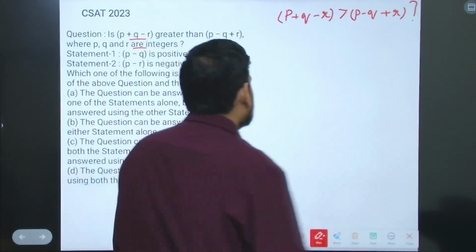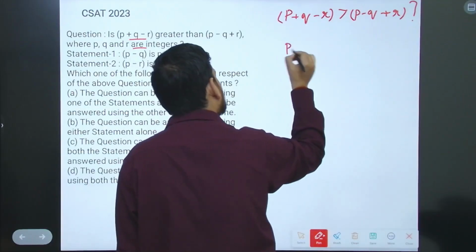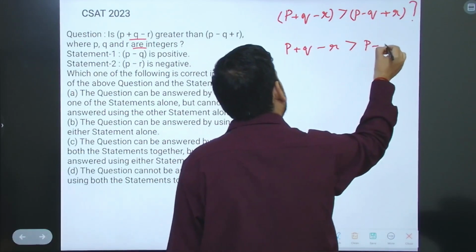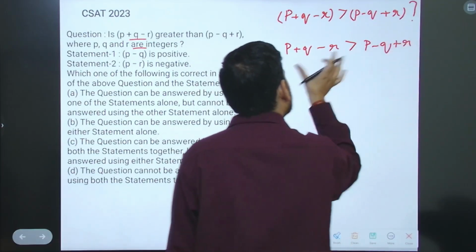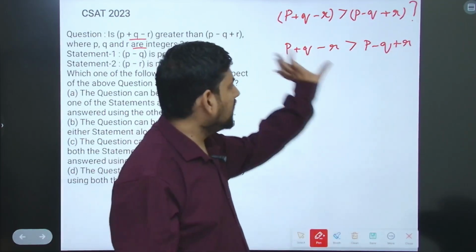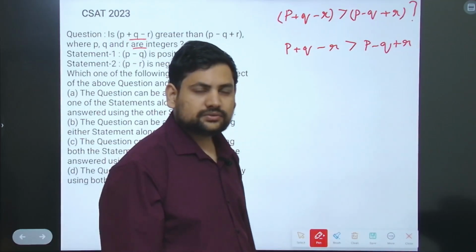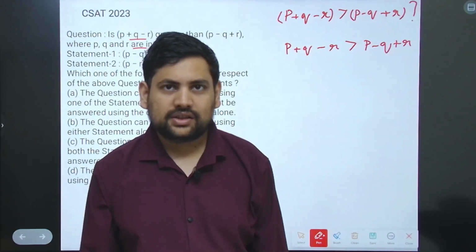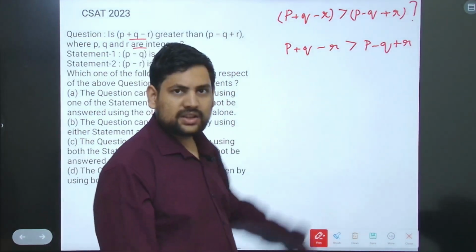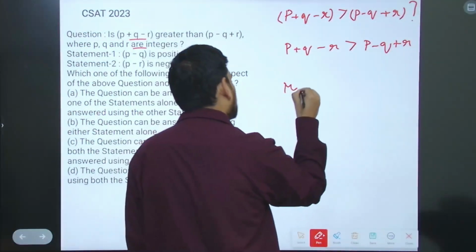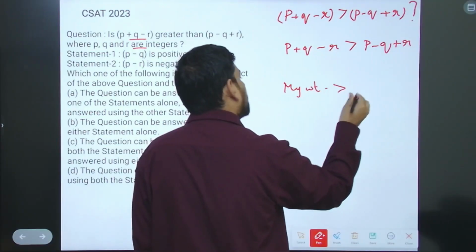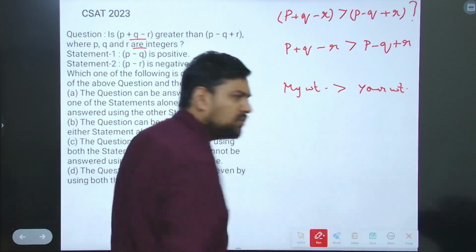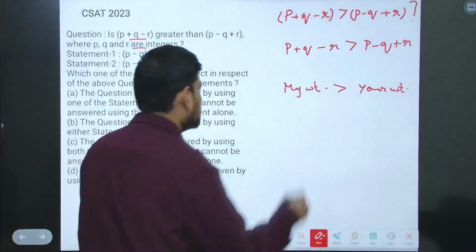Okay. So if I write it, see it carefully. Now see, if this is an inequality, that is, this part is greater than this part. Now let's say I add 2 on both sides. This is somebody's weight. Let's say this is my weight. This is greater than your weight. Now, if I add 2 kgs on both sides, then what does it become?